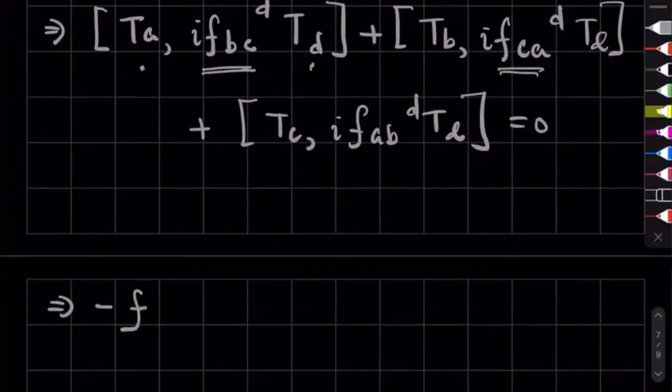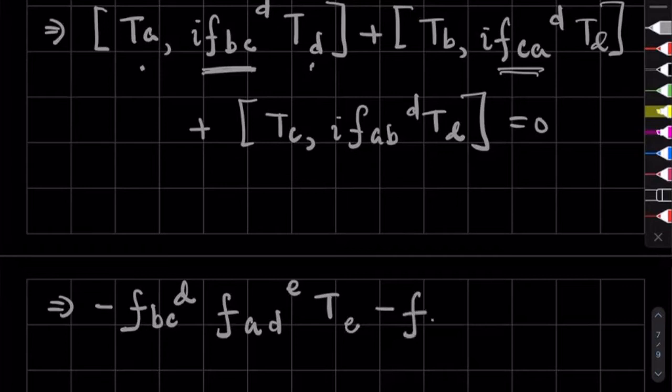And then we have f_BCD, which is this thing, and then we have f_DET_E. Similarly, second term, we have f_CAD f_BDE T_E.